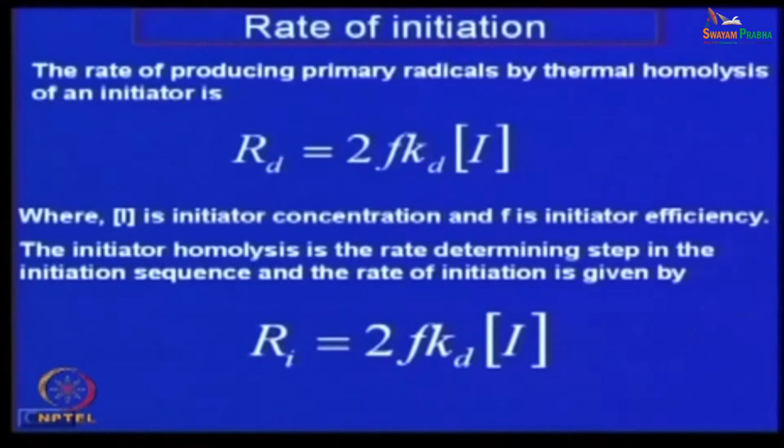As soon as it decomposes, it is not always true that all the primary free radicals produced from the decomposition of initiator will initiate the polymerization 100%. So, these efficiency parameters come. Here the rate of decomposition of initiator is twice f Kd I, and that is equal to the rate of initiation, twice f Kd I.